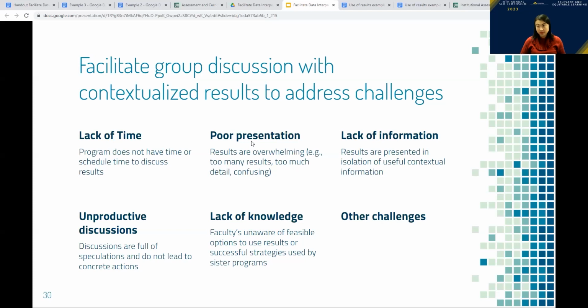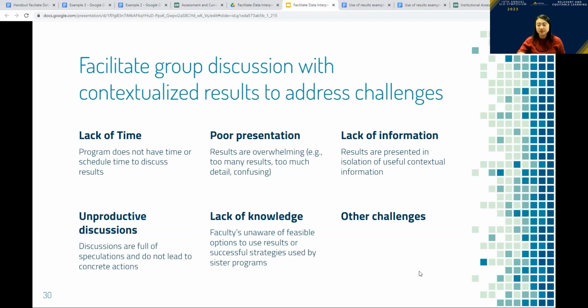Present simple assessment results, simply presented. Present the contextualized information and use structured discussion so that the discussions are not unproductive. And if needed, present the options. At least show the possibilities of ways to use results.